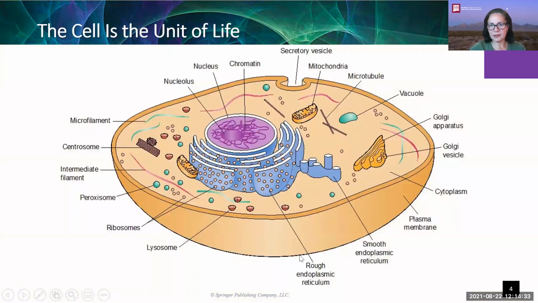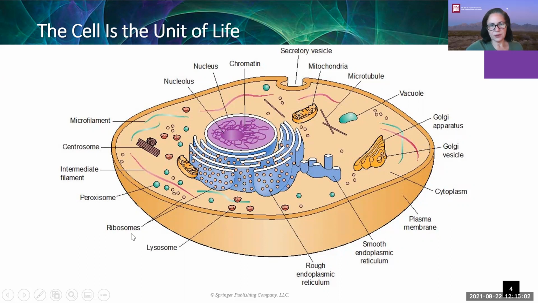There's a general diagram of the cell. The things that are important for our purposes today are this phospholipid bilayer, this outside part. And we're going to talk a little bit about some of the organelles, the mitochondria. This is where a lot of the ATP gets made. We'll talk about the ribosomes that are used for translation and the fact that they're stuck on the outside of this endoplasmic reticulum.